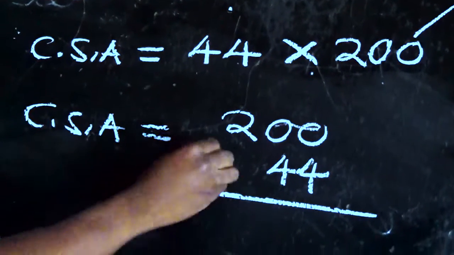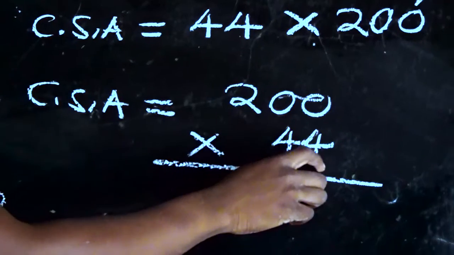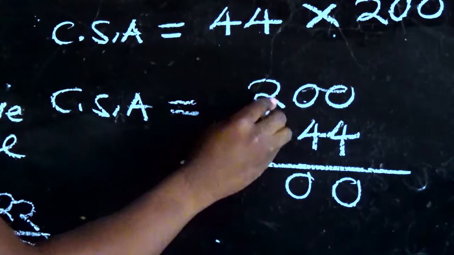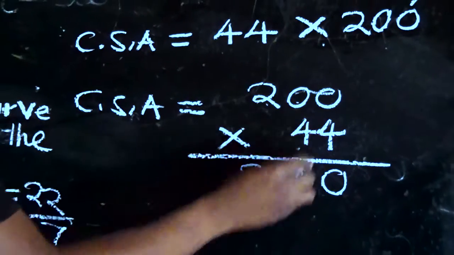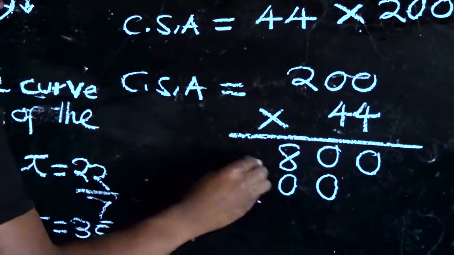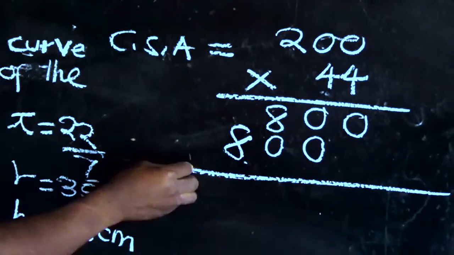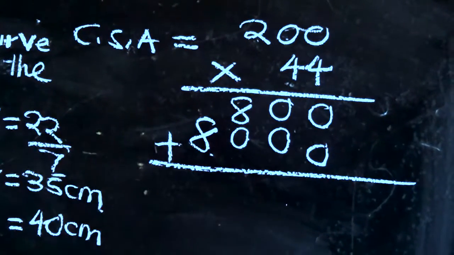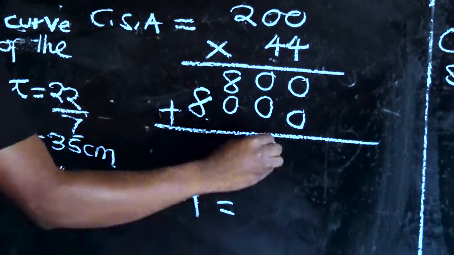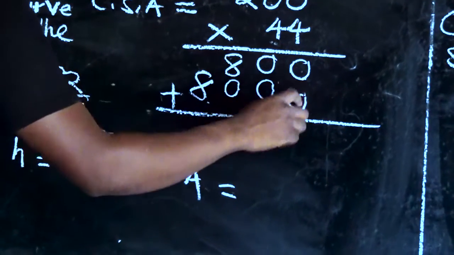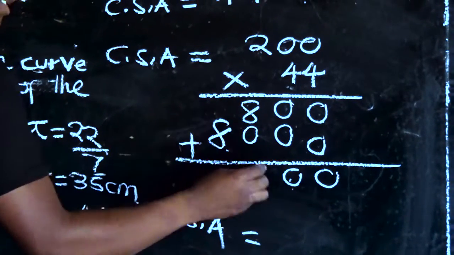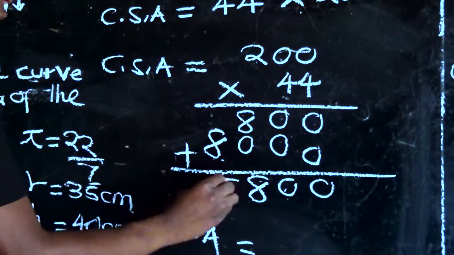So 4 times 0 is 0, 4 times 0 is 0, 4 times 2 is 8. You simply add. Curved surface area is equal to 0 plus 0, 0. 0 plus 8 is 8. 8 plus 0 is 8.